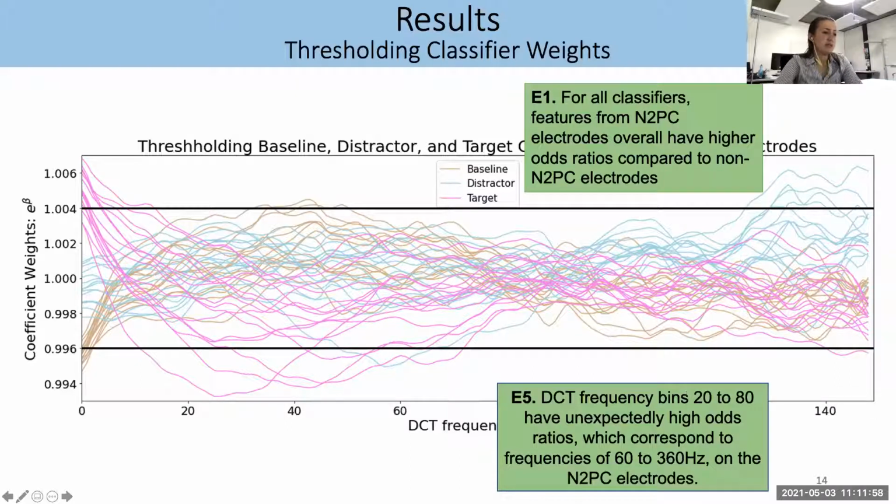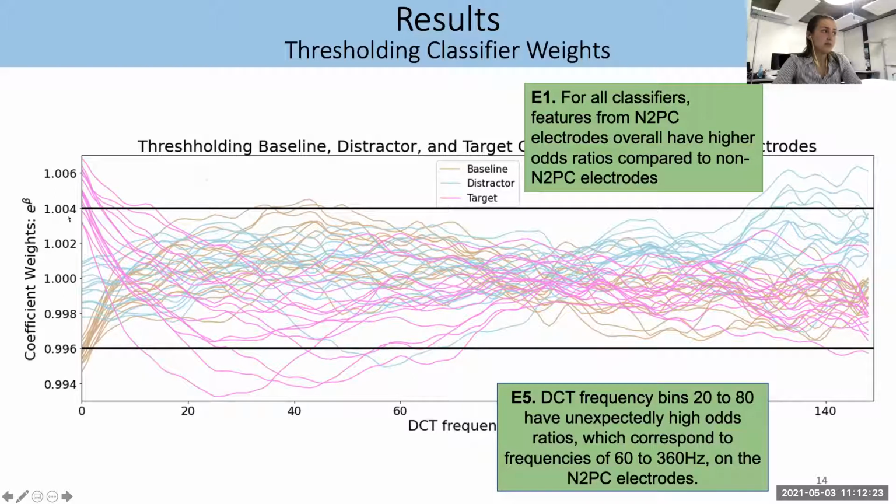And additionally, the final evidence that we found was that for some reason, between 20 and about 60, there seems to be quite high odds from the coefficient weights, which correspond to frequencies 60 to 360.